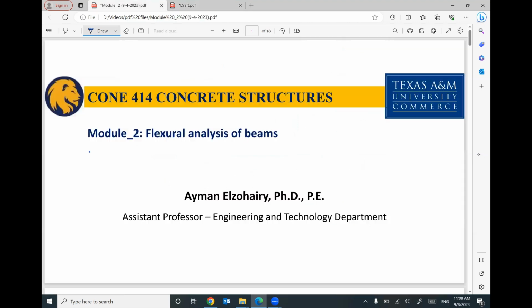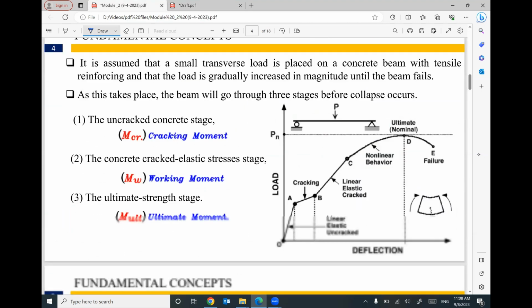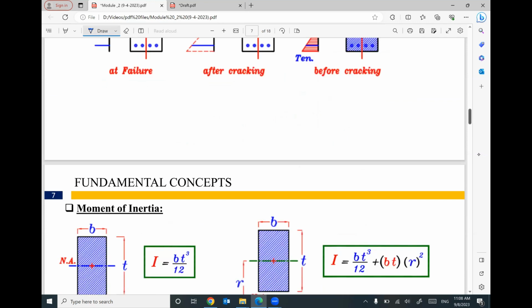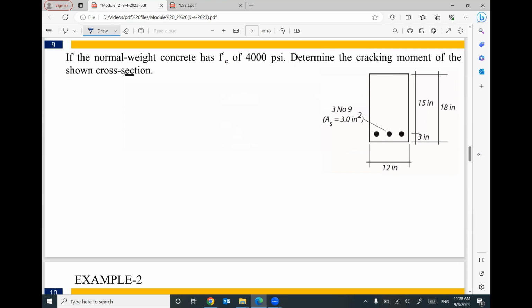And we did one example last meeting, and we figured out the value of M crack. If you have steel reinforcement and you are looking for M crack, please ignore it.